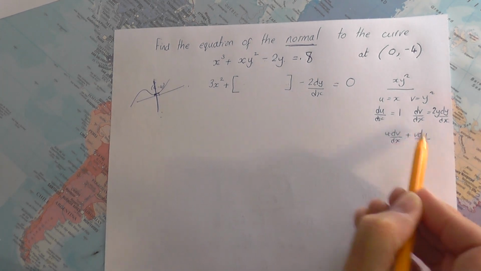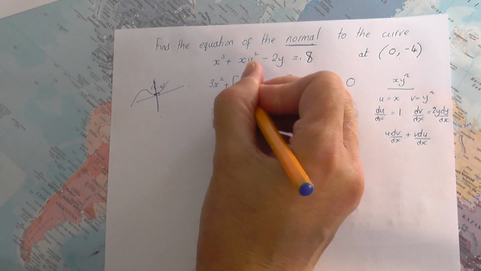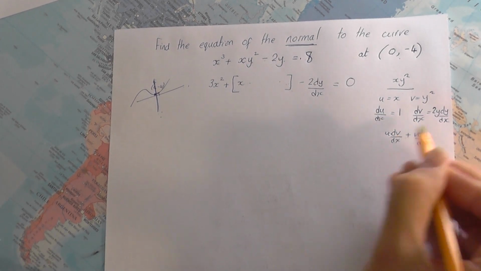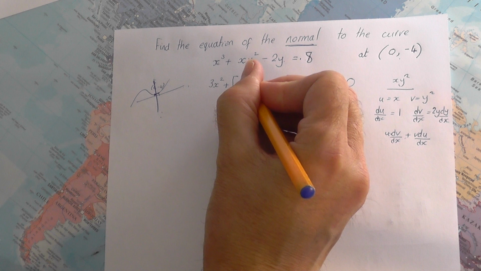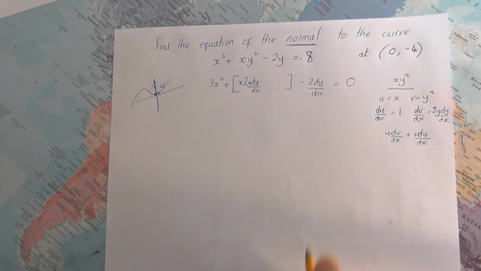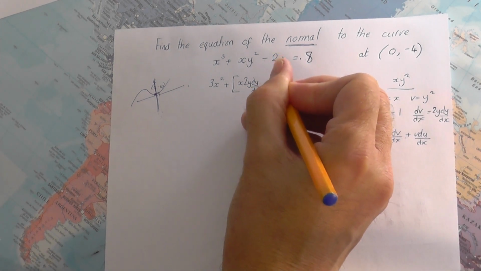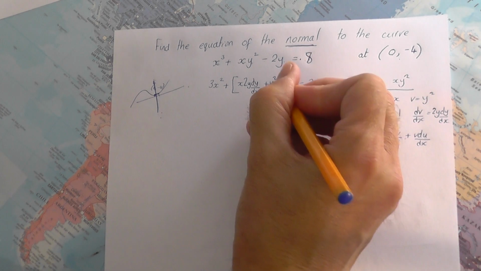Let's sub those four things and put them in this square bracket. So u is x. dv by dx is 2y dy by dx. I'll tidy that up in a minute. Plus v, that's y squared, so plus y squared. du by dx is 1.